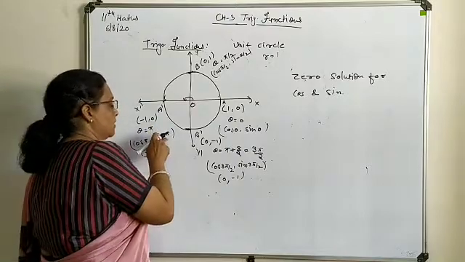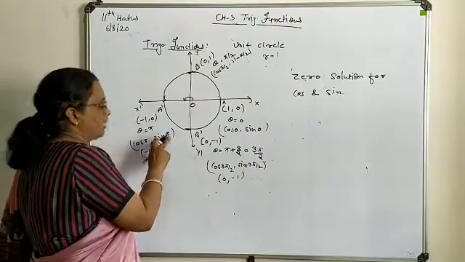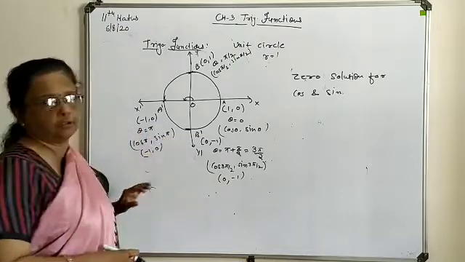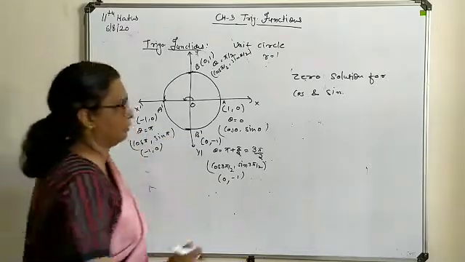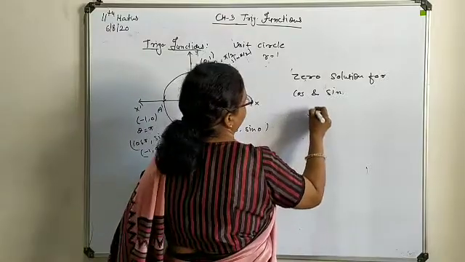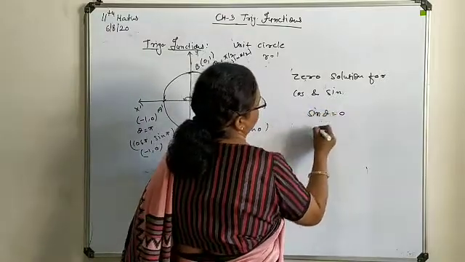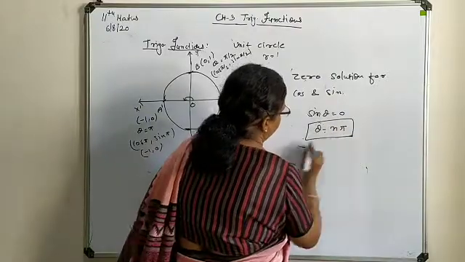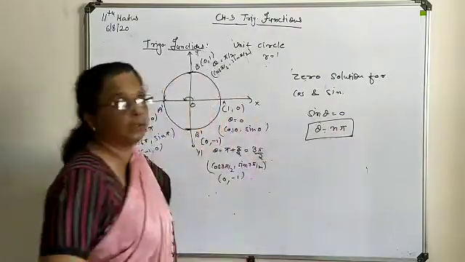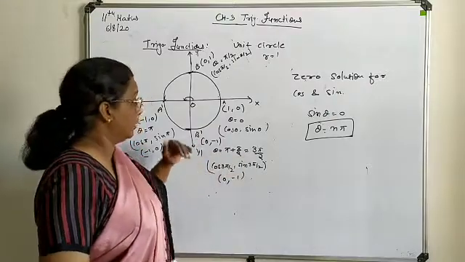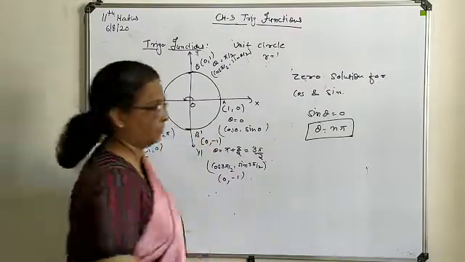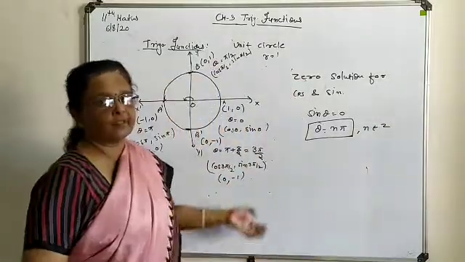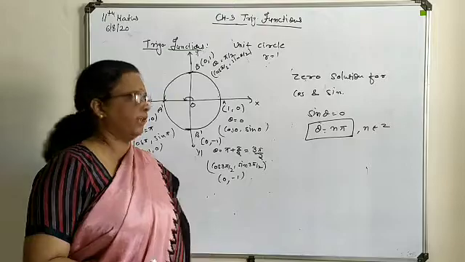Now where is the sin going to be 0? At multiples of pi. So when you are talking about the sin zero solution, it can be generalized as sin theta is equal to 0 if theta is equal to n pi. Means if your theta is a multiple of pi, your sin will be 0. Here n belongs to Z. It may be a positive as well as a negative quantity.